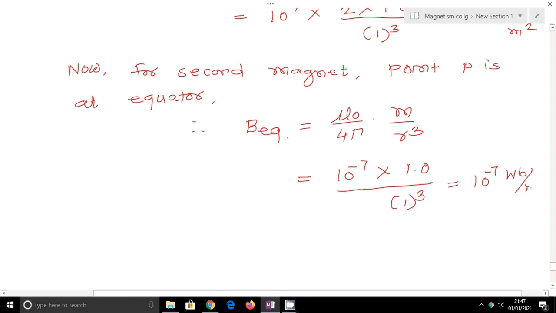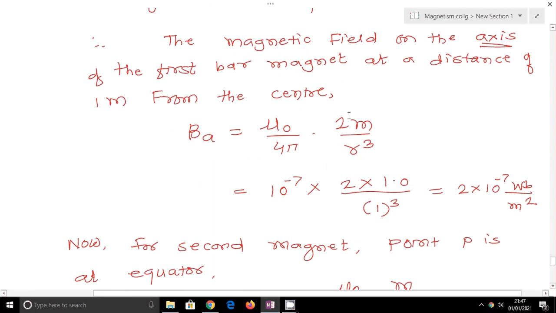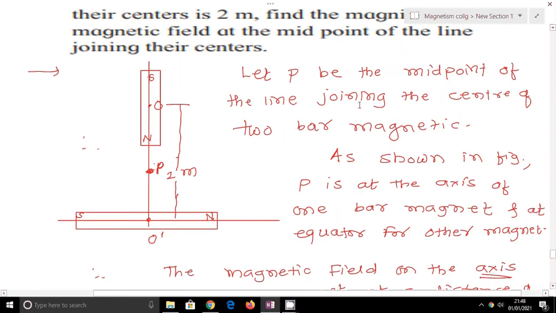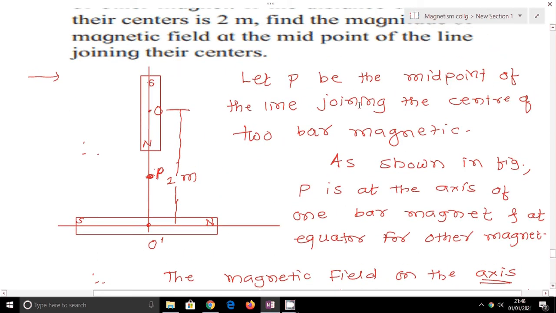Now see here, for these two in the diagram, as shown in the diagram, point P is an axial point for the first magnet and an equatorial point for the second magnet. Here the axial magnetic field is directed outward from the magnet, that is, the direction of the magnetic field is from south pole to north pole.